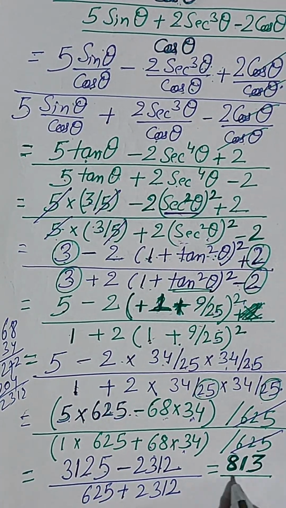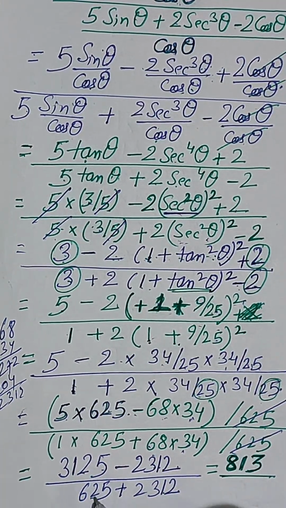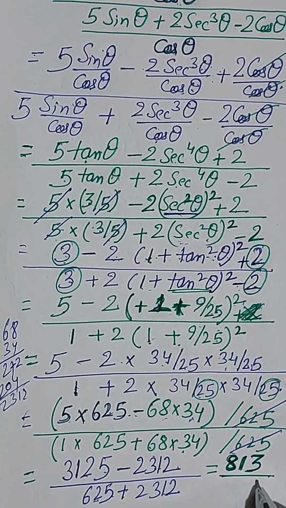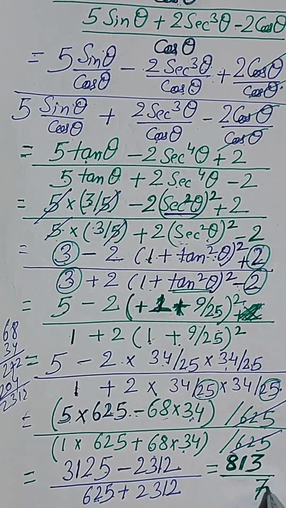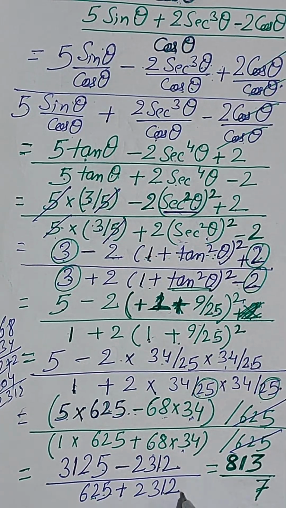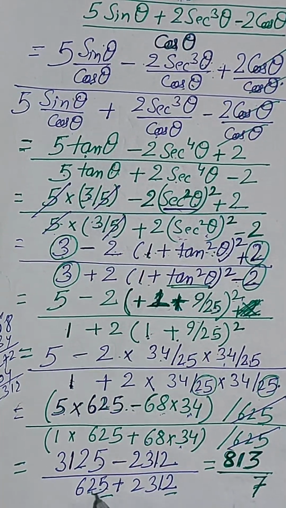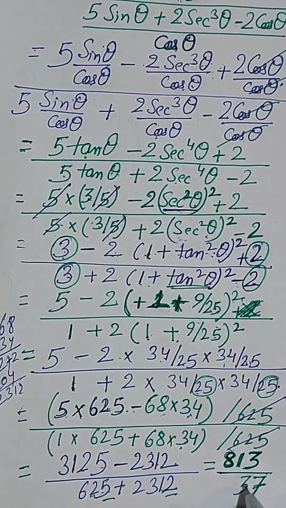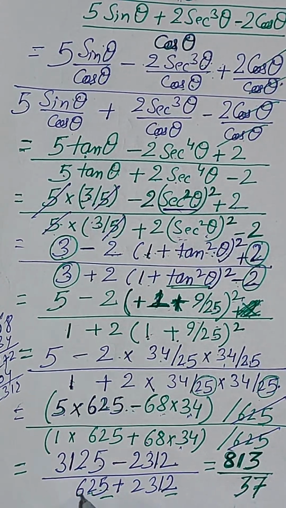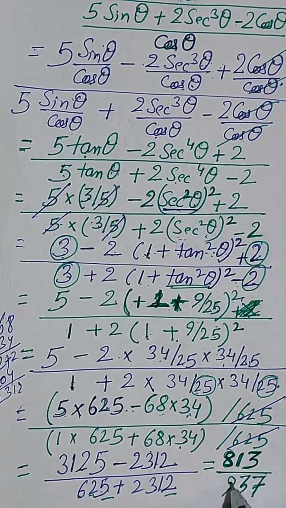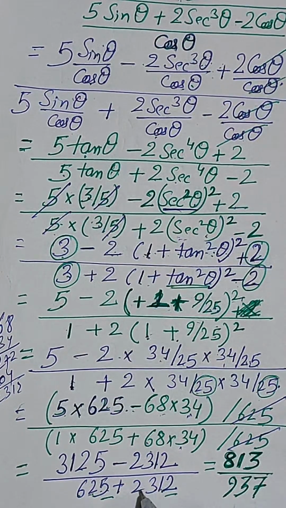Divided by, when you add 2312 and 625, it becomes 7 in the first term of the denominator. 5 plus 2 is 7, 2 plus 1 is 3, 6 plus 3 is 9, and 2.